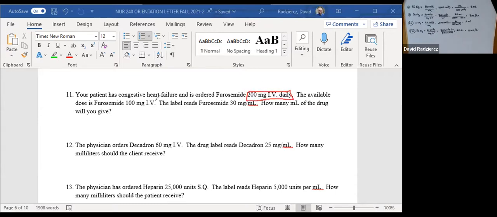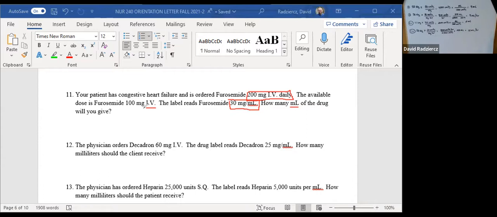It's almost like they're giving you two pieces of information, 100 milligrams IV, but then it also tells you the concentration. These are the two pieces of information that you need to solve this question. You need to know the order and you need to know the available. And because it's an IV, you need the milliliters.